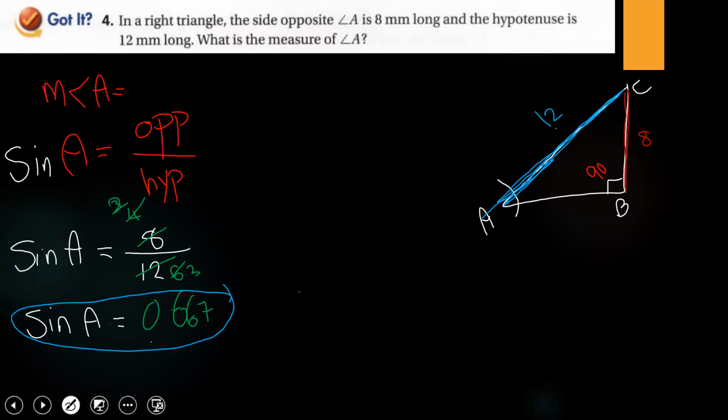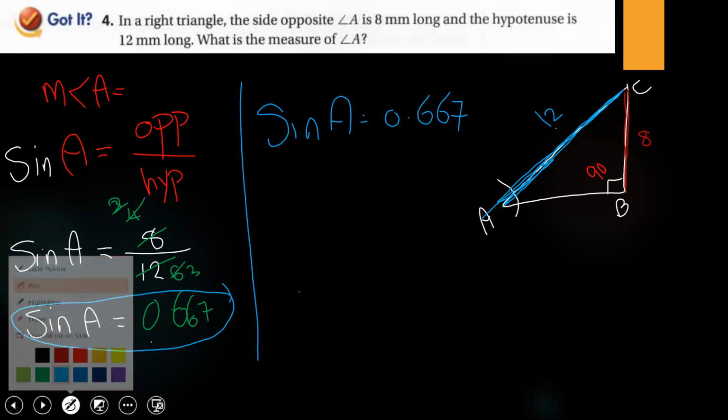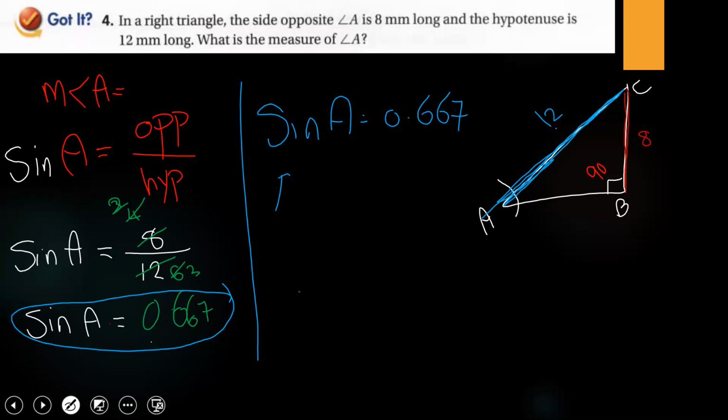But I didn't need the sine. I don't want sine A, I want A. So what I have to do to find A? I say here that sine A is 0.667. Now I don't want sine of A, I want A. So I have to use something we call inverse.